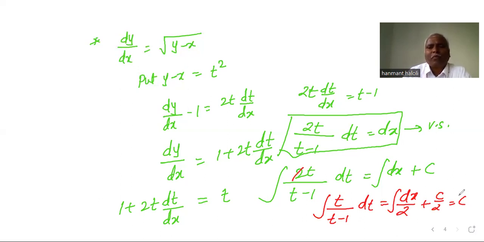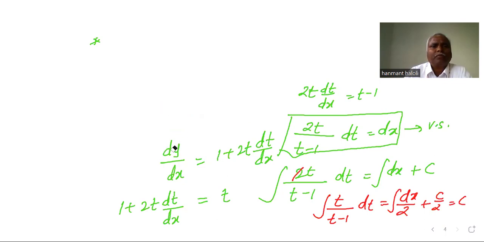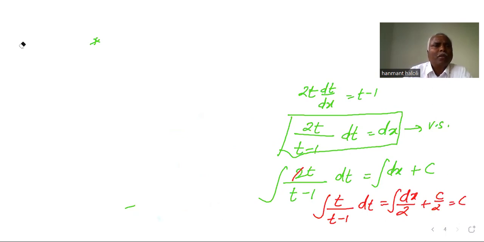Then we go for such types of condition. Now while integrating this integrand, on the left side, t upon t minus 1, let's add 1 and subtract 1, t minus 1 plus 1 upon t minus 1 dt equal to x by 2 plus c.